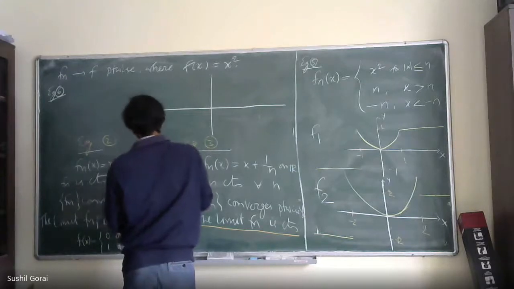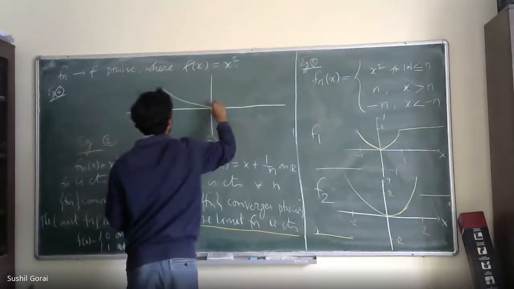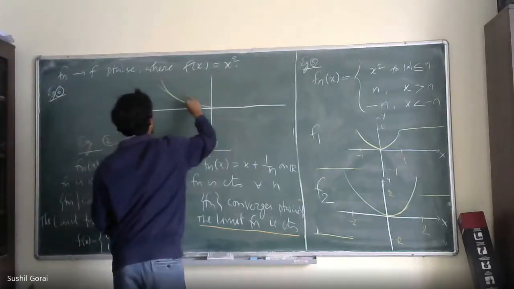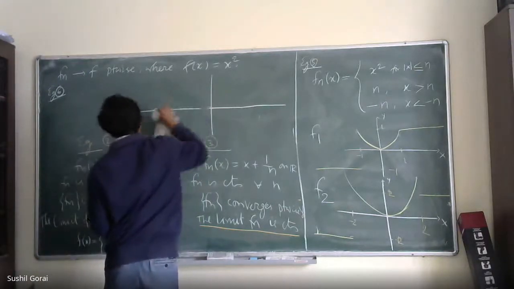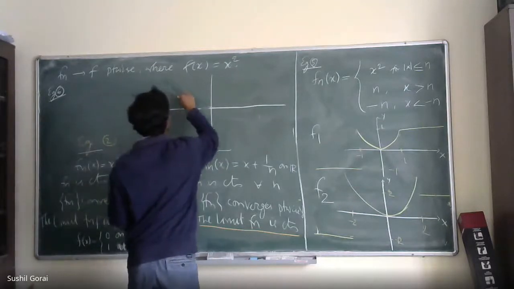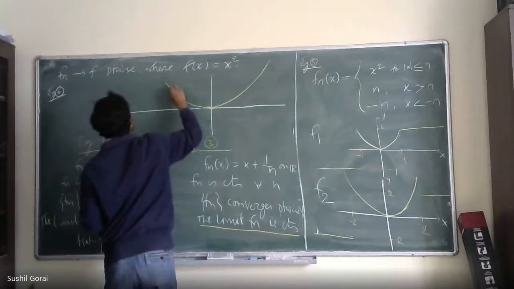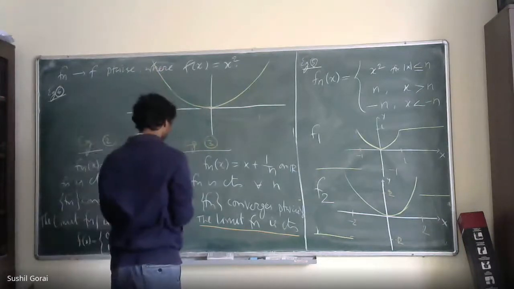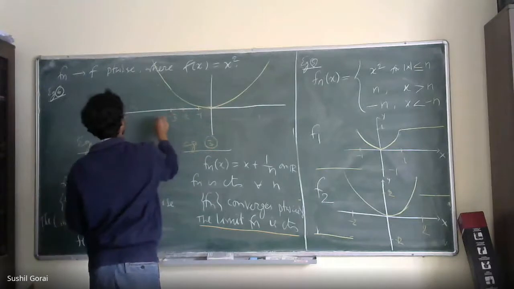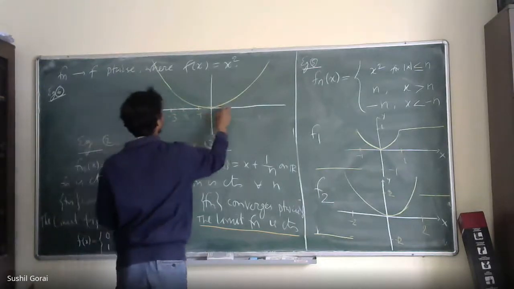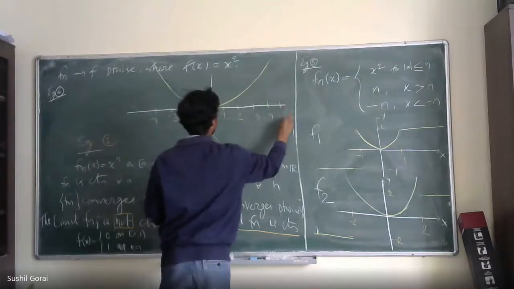So you have this. Here it is minus 1, minus 2, minus 3, minus 4, 1, 2, 3, 4, 5.